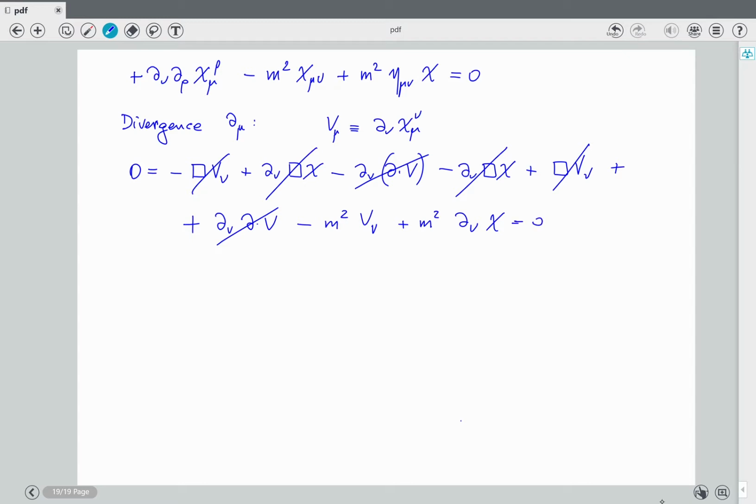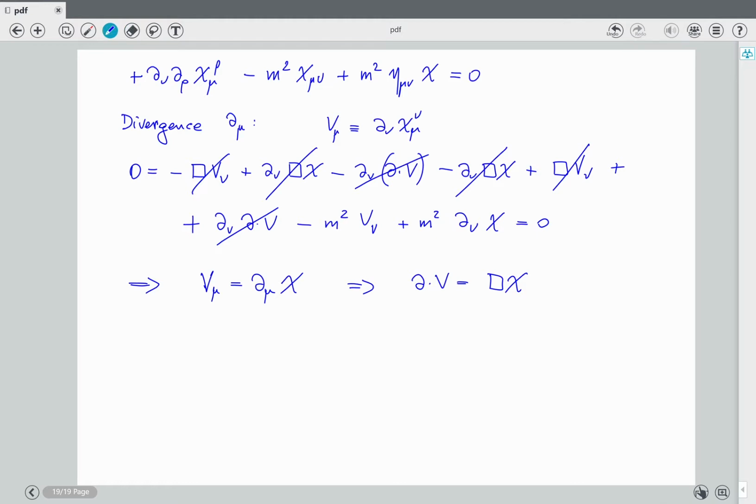And that implies that V mu is equal to del mu chi. So only the last two terms survive, and they give this condition. In particular, if you take the divergence of that, you get box chi is equal to the divergence of V.